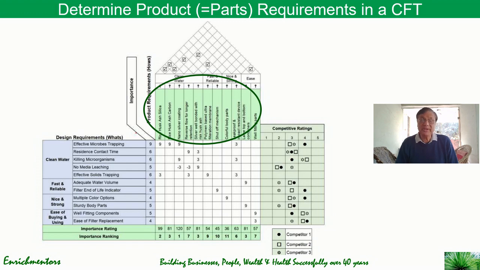We brainstorm them, map them down on a piece of paper, and then finally start writing them down on the table in the top room, as you see here, right? We go one by one on all the design requirements. If the same product or parts requirement comes up, we put another tick on that, and we keep moving forward like this. At the end of this step, we have the products or parts requirements identified in the QFD.